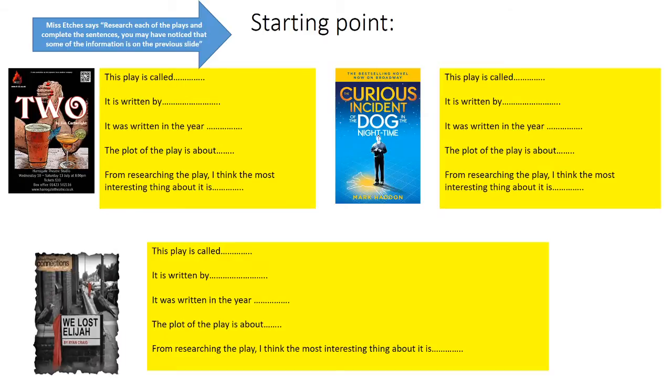For the next slide, our starting point. So, research each of the plays and complete the sentences. You may have noticed that some of the information is on the previous slide.